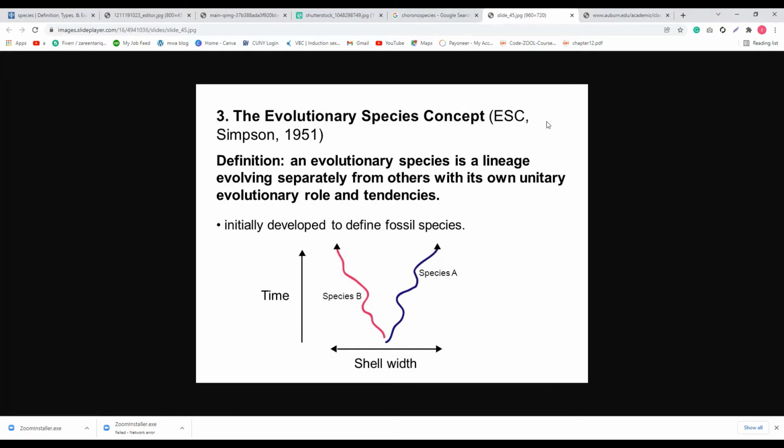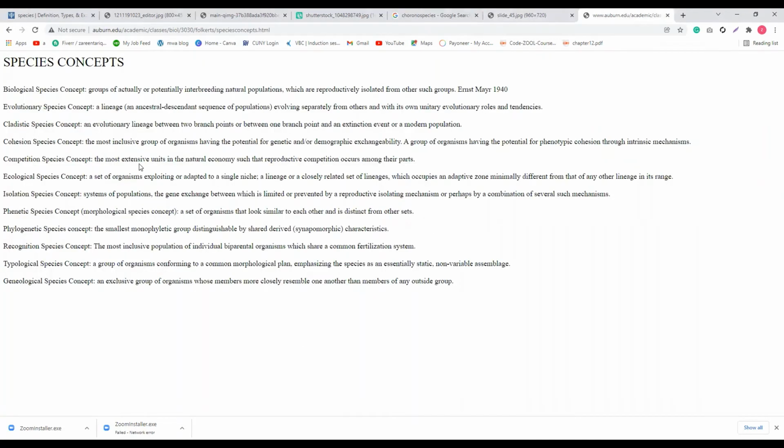So according to the evolutionary concept, a species is described as a lineage evolving separately from others, with its own unitary evolutionary roles. What is unitary evolution? Unit means one specific unit, cell, condition, or term. An evolutionary unit means that lineages are evolving over time with a specific criterion for evolution.